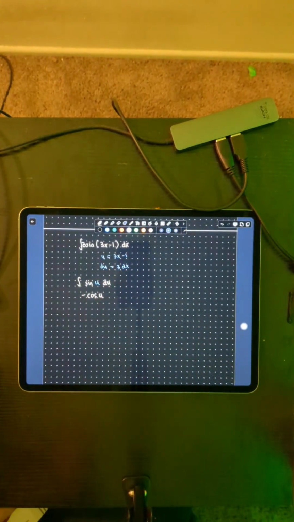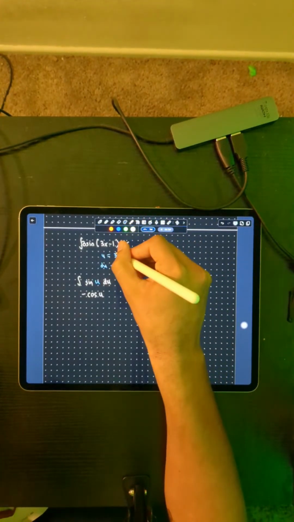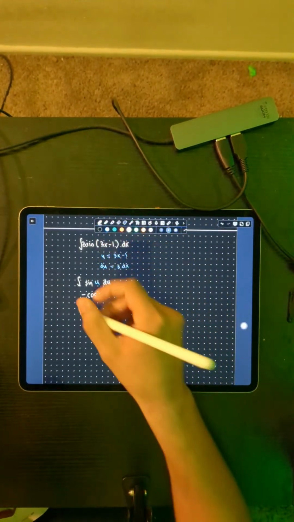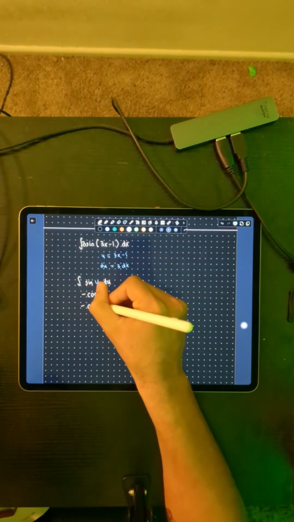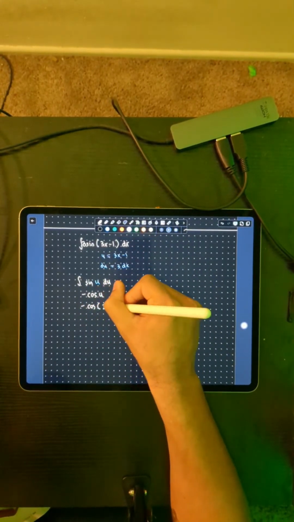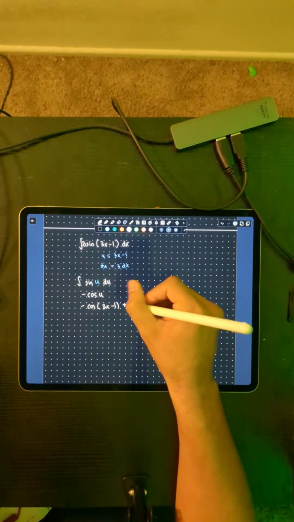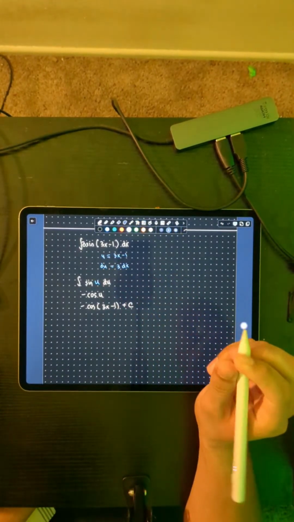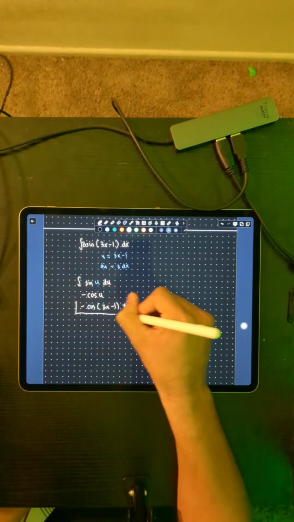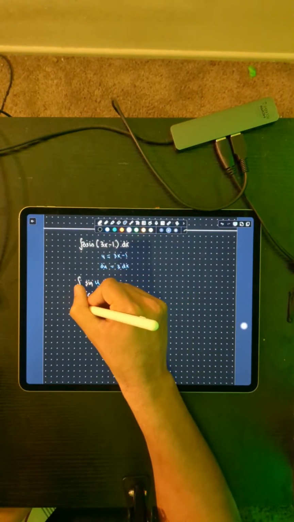We will add the plus c in a second. Before we do that, I'm going to back replace that u term we have there. So it's negative cosine of 3x minus 1 plus c.